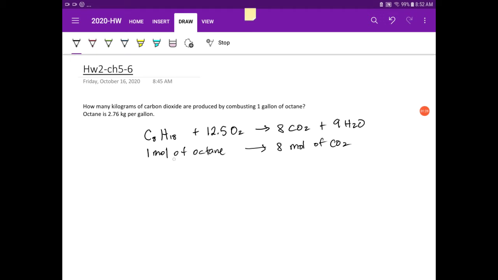So the first thing to do is to get the molar masses of these. And so carbon has a mass of 12 grams per mole. If I convert that to kilograms, it's 0.012.